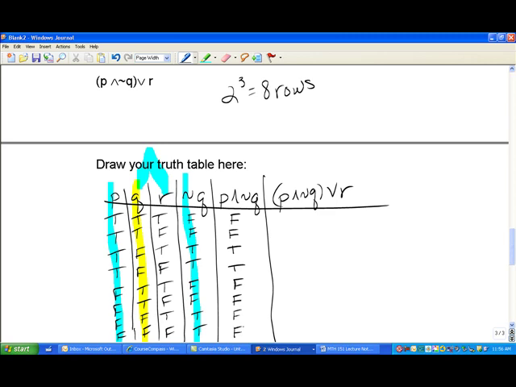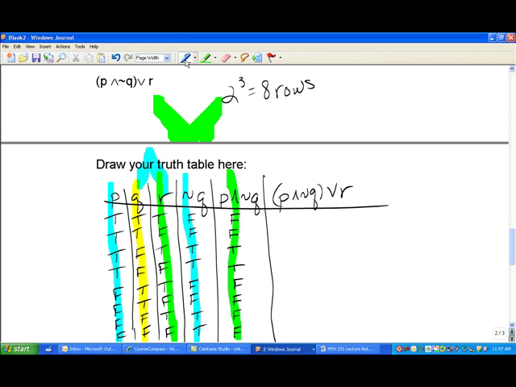Now, in our last column, what we want to look at is this column, or R. So we're joining these with or. And it looks like it's not going to write there, so I'll write it up there. Okay. So we're joining those two with or. Remember, with or, it's only false if both parts are false.